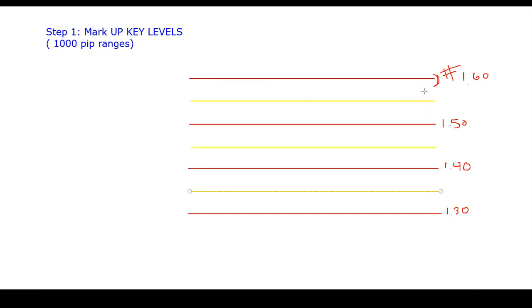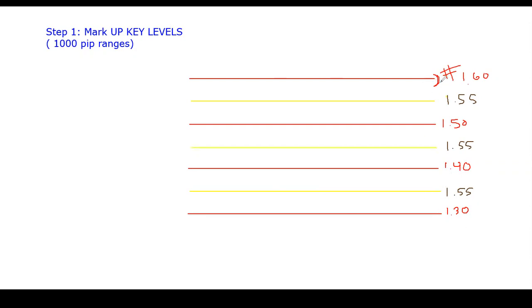So now what you have is 2 500 pip ranges, 2 500 pip ranges, 2 500 pip ranges. So this would be $1.55. Let me write it down for you. Okay, so that's what we have.